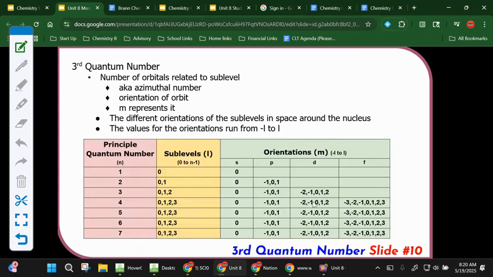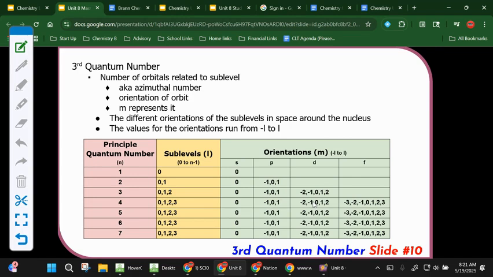Okay? So here it is, ladies and gentlemen. First energy level, there is one sublevel. That sublevel only has one orientation. There is only one way to orientate it in space. And we will show you tomorrow why.